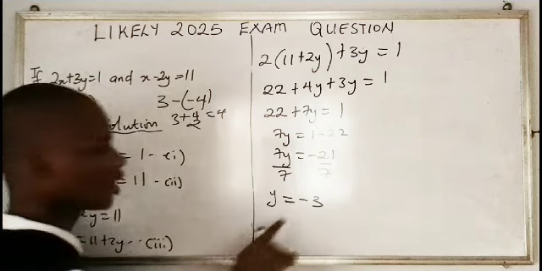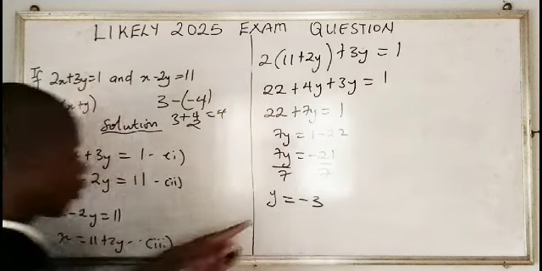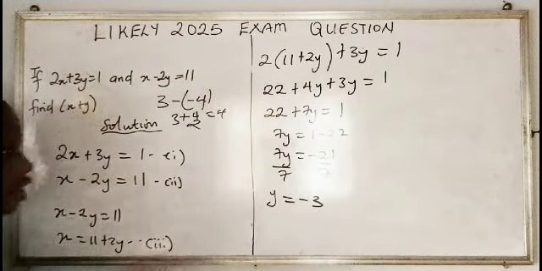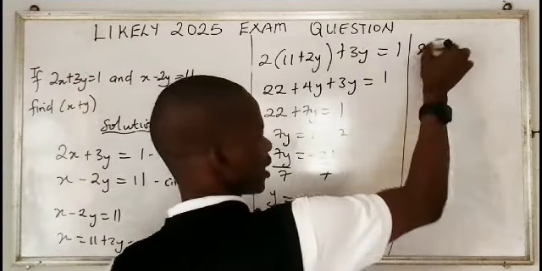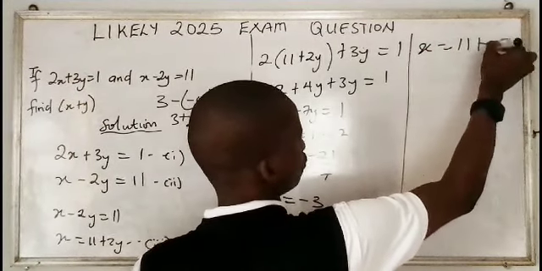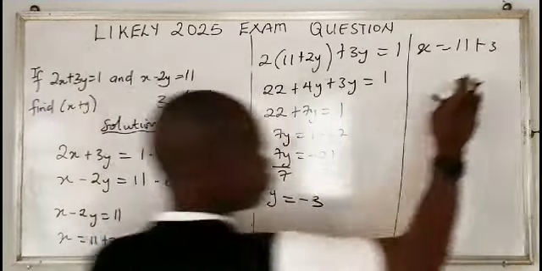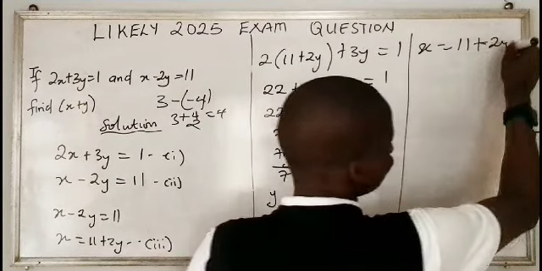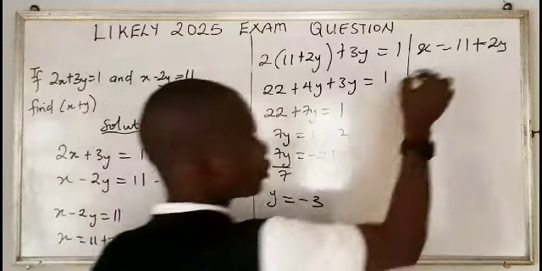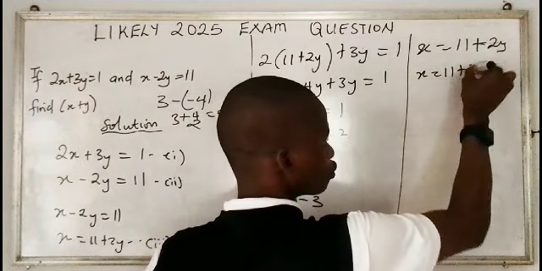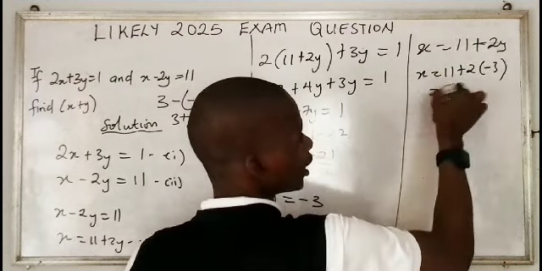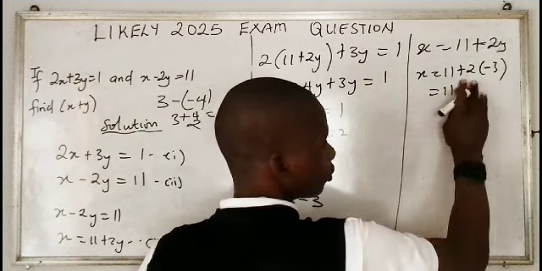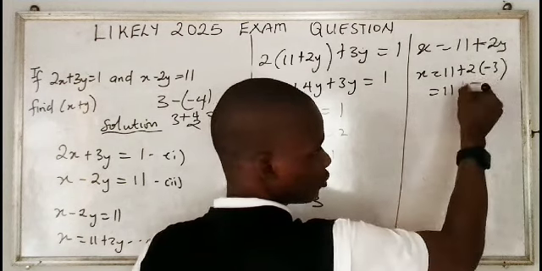That's my answer. Now that I've got my value of y, I'll come and substitute it into equation 3. Remember that equation 3 says x is equal to 11 plus 2y, isn't it? So I'll have x is equal to 11 plus 2 bracket open minus 3. So that gives me 11 plus 2 times minus 3, which is minus 6.